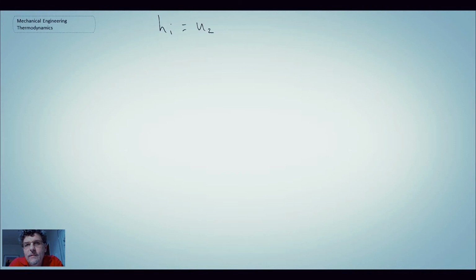Now, everything that we've seen thus far has usually been dealing with evaluating the change in either enthalpy or internal energy.